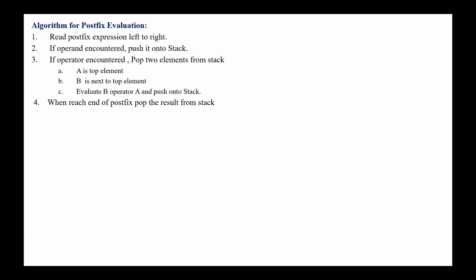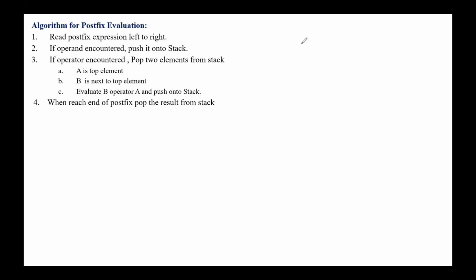Then evaluate and push the result into the stack. When we reach the end of the postfix string, we pop the result from the stack. So this is the algorithm we have to follow for the evaluation.